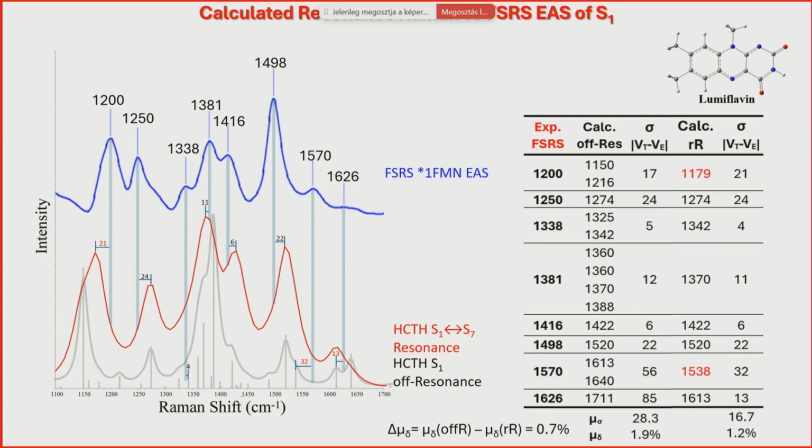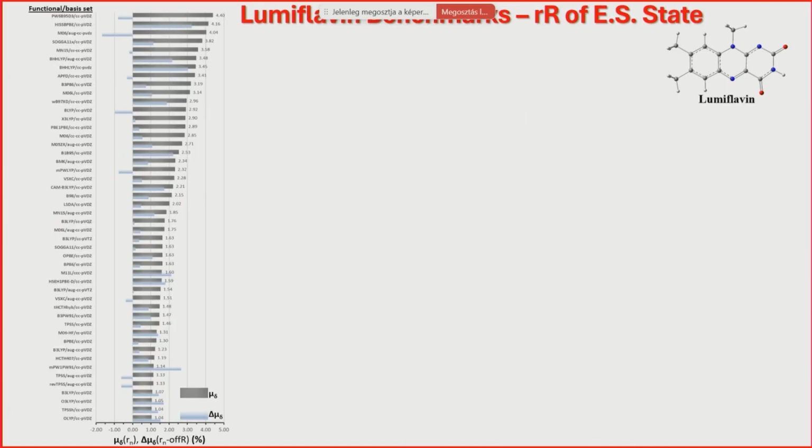So if it's positive between the off resonance and the resonance, you have an improvement by including resonance Raman intensities. If it's negative, it means that the correlation worsens by including resonance Raman. Here are all the results for the functionals.